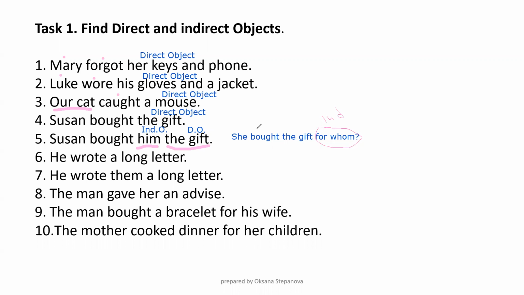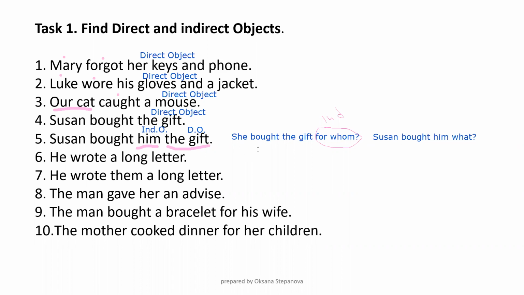When you ask a question to a direct object, you just ask the question what. So Susan bought him what?